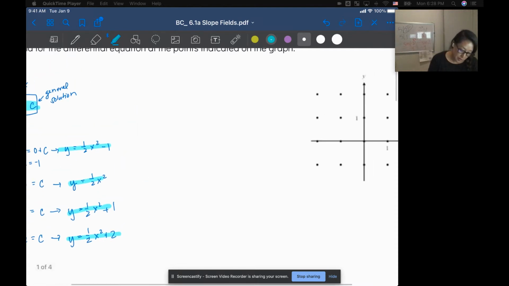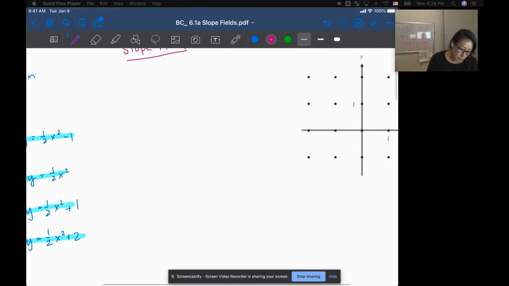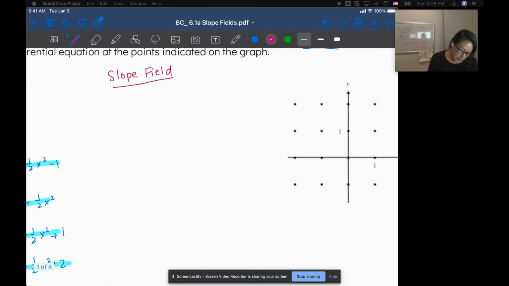So now let's take a look at our new technique to estimate using a slope field. Okay, so to create a slope field, I'm going to use my differential equation dy over dx is equal to x, and I'm literally going to plug in point values for x and y to get the slope.